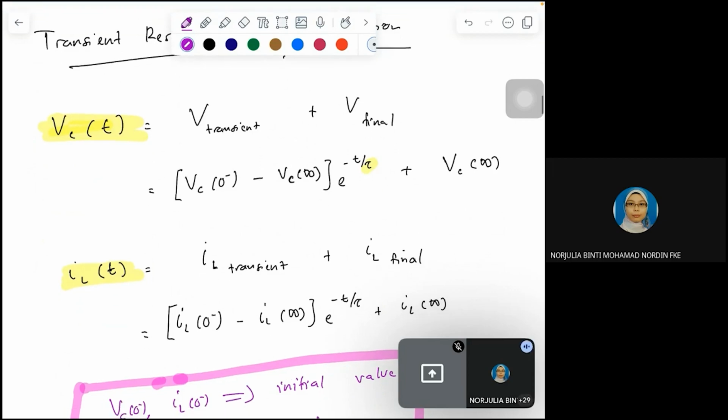In your exams, whether test or final exam, the general equation of the first order transient equation will not be given, will not be provided. The only equation that will be provided to you is the second order transient equation.